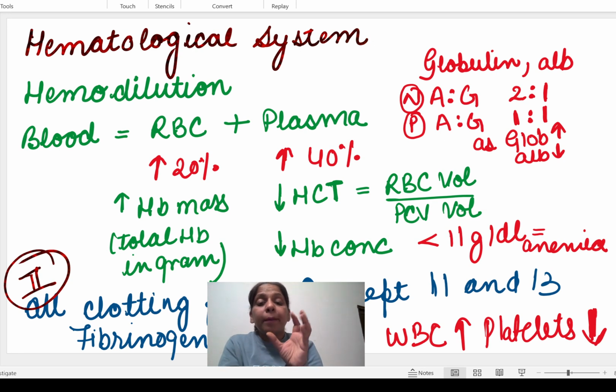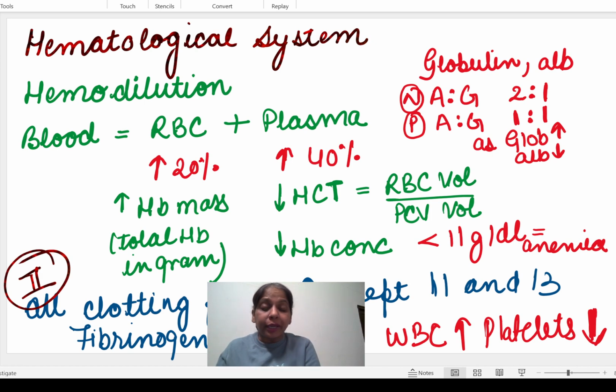What is kheer? Milk and rice. In a similar way, blood is made up of plasma and RBCs. In pregnancy, the RBC increase is 20%, but the plasma increase is 40%. So there is blood dilution.